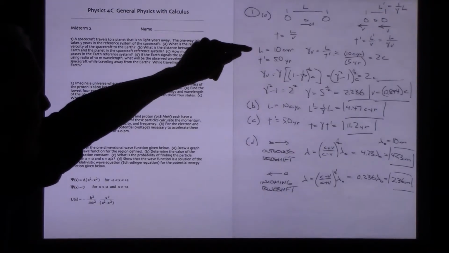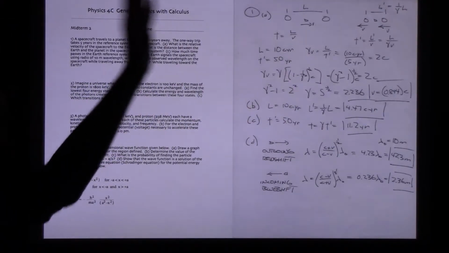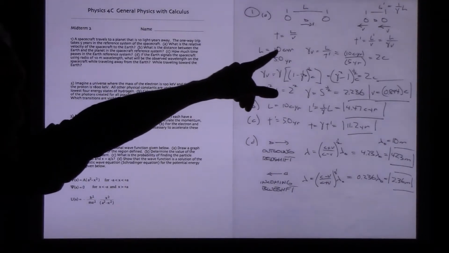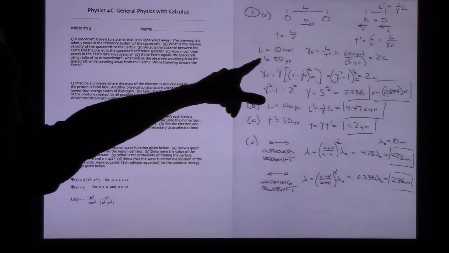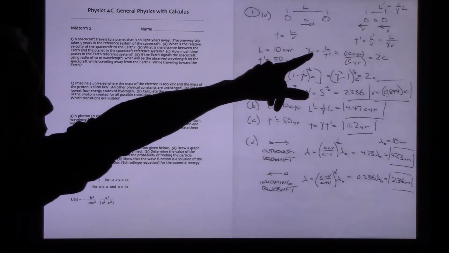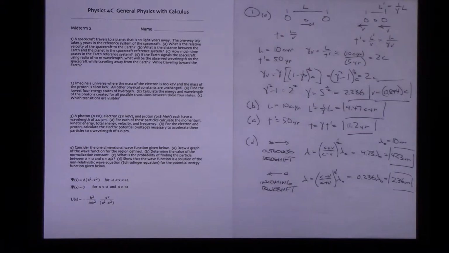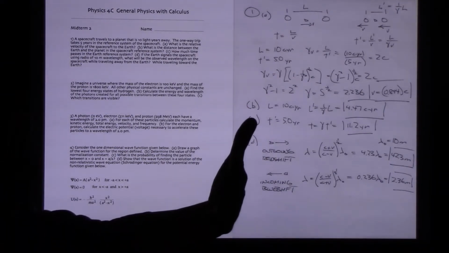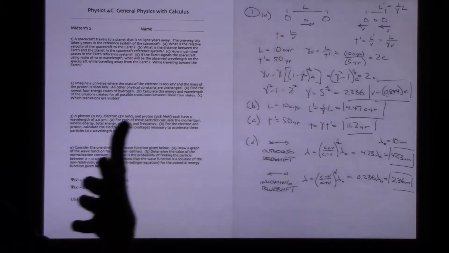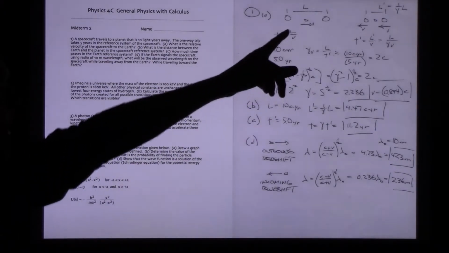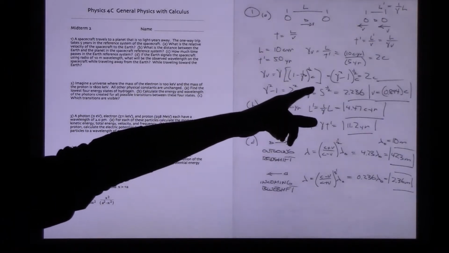So what we're told is that in this reference frame on the left, which is the reference frame of the planet and the Earth, there's 10 light years of separation. Now we know that when we move into the reference frame of the spacecraft, the spacecraft is going to observe the Earth and the planet both in motion, and that means that the distance between them will be shortened.